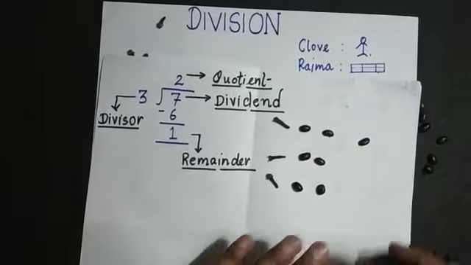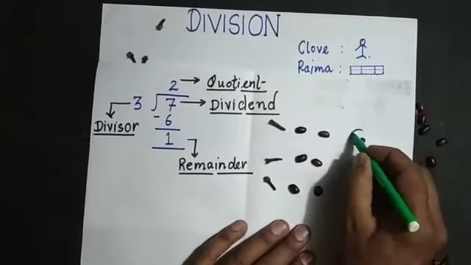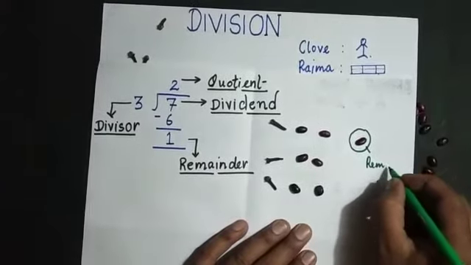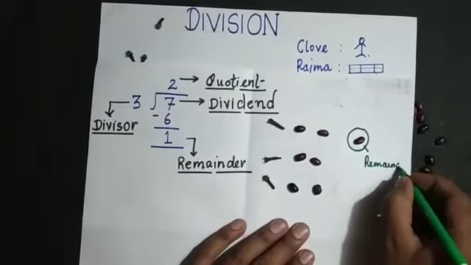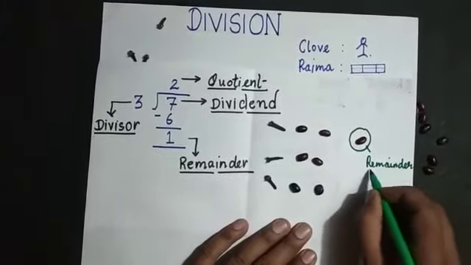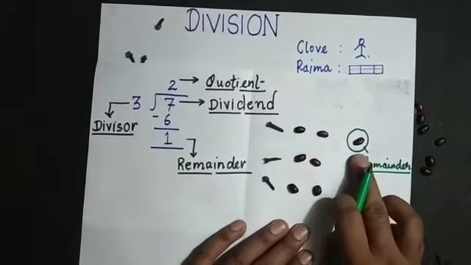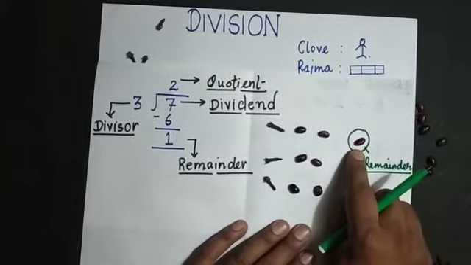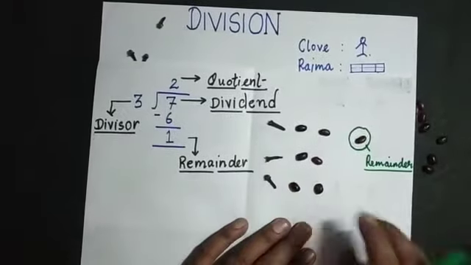Is that clear? This left portion is called the remainder, because we cannot distribute this chocolate equally among these 3 persons.